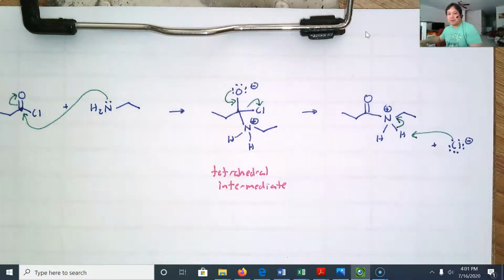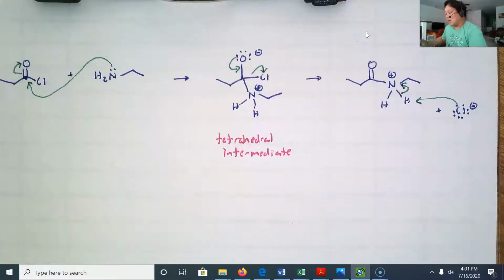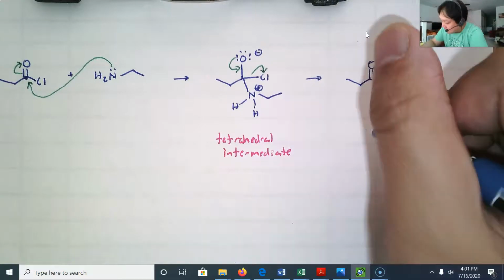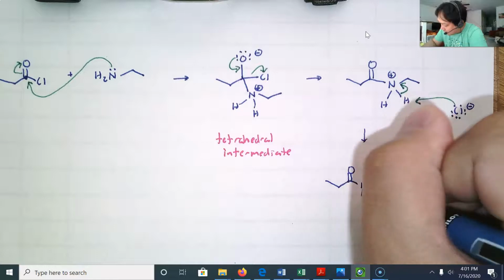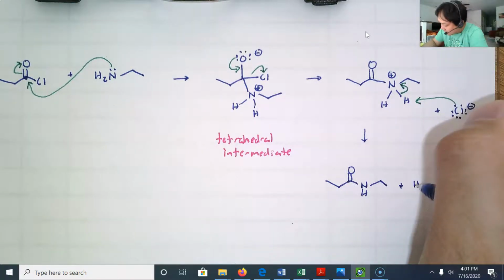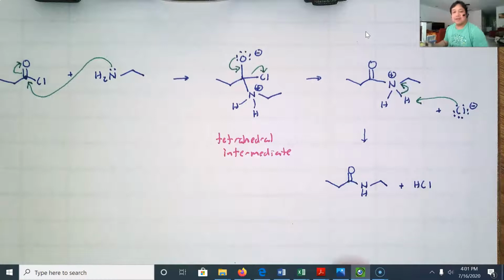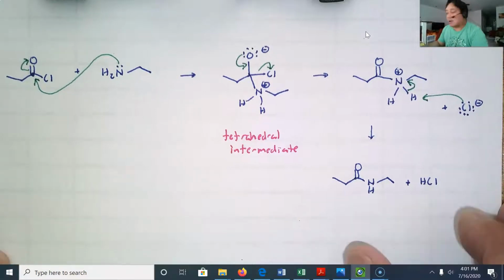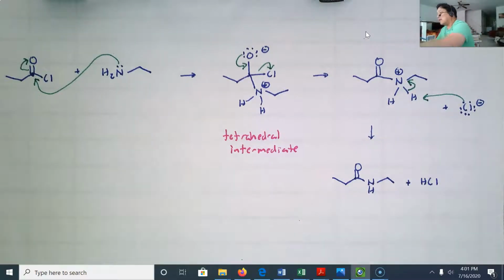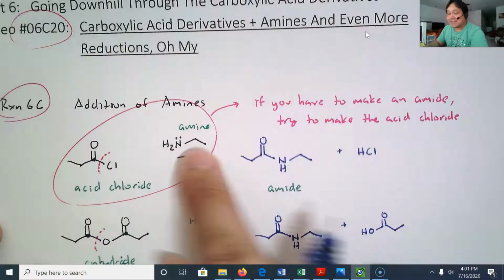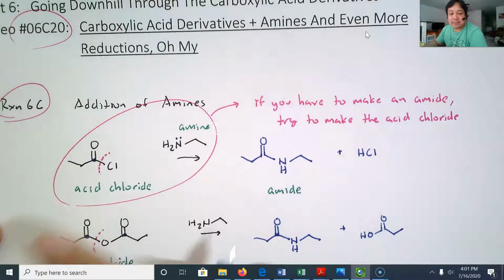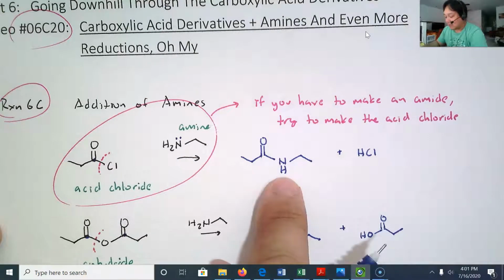Okay. Try to be clear with your arrows, where they start and where they end. And we have our amide plus HCl. The textbook will often say that instead of using Cl- to remove the H, you could use excess amine, and you'll have excess base to remove any hydrogen that's stuck on your final amide.